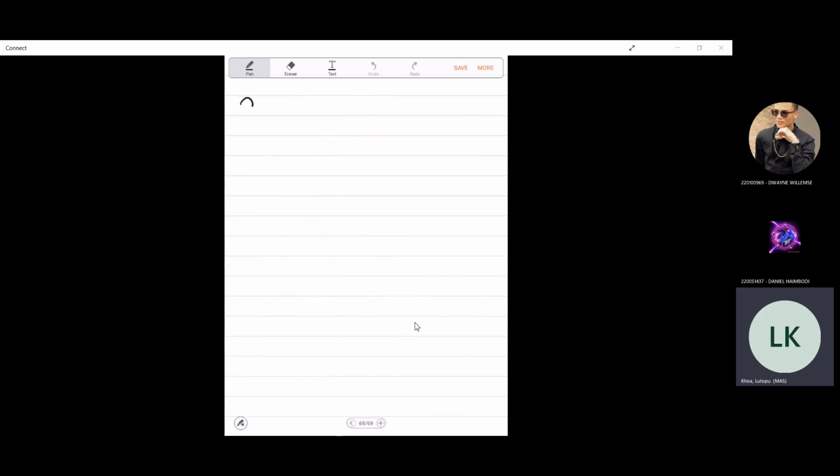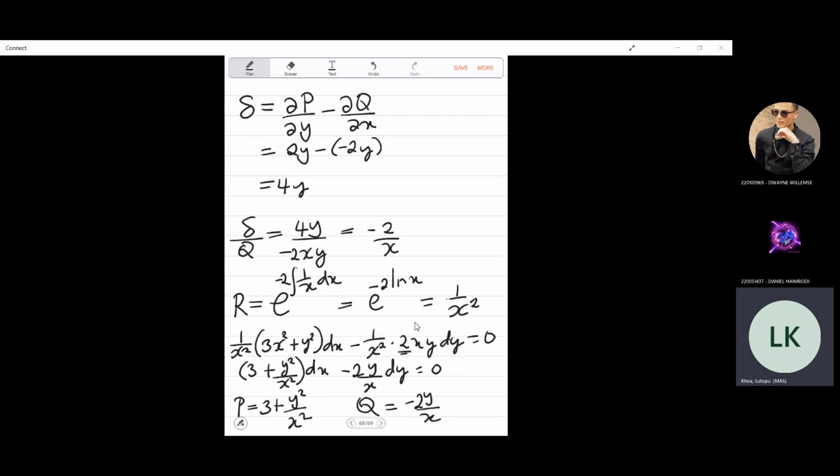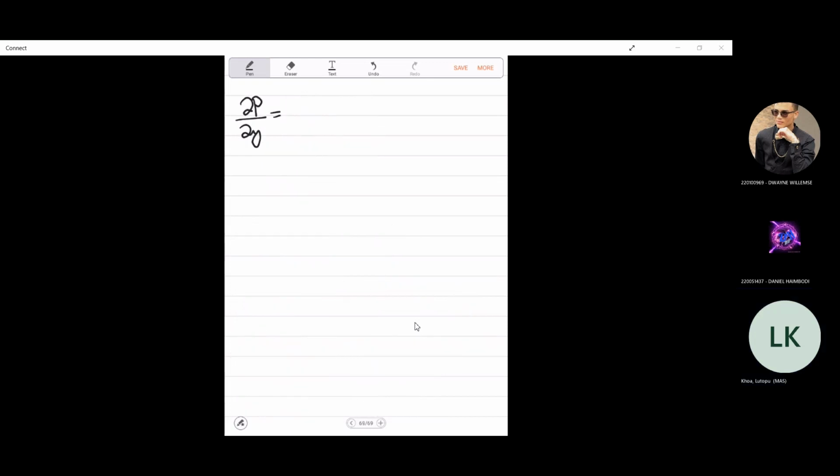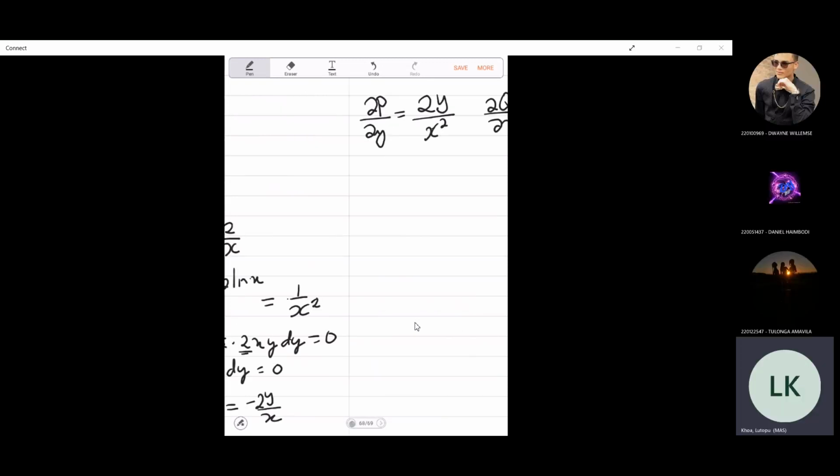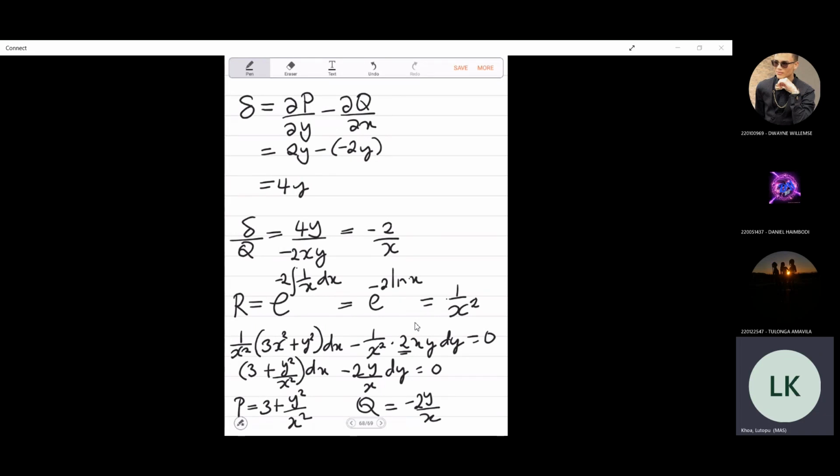So we find dp dy. Differentiating this with respect to y, we just get 2y over x squared, and then dq dx, and this is 2y divided by x squared, and then this negative will multiply by the negative 1, which is the exponent of x right now, and that will make it positive.